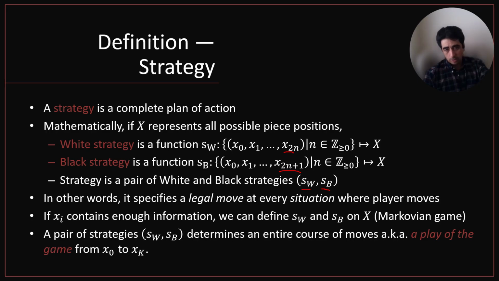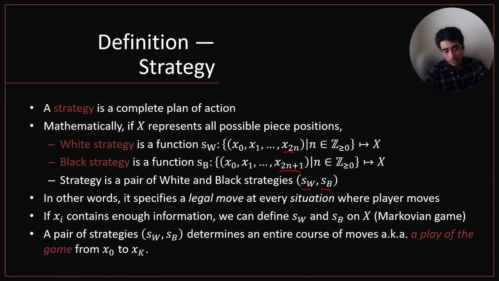If you want to just say it in a more layman term and less mathematical way, you can say a strategy by a side shows a legal move at every situation when that side wants to move. And this is basically the definition in the textbook.